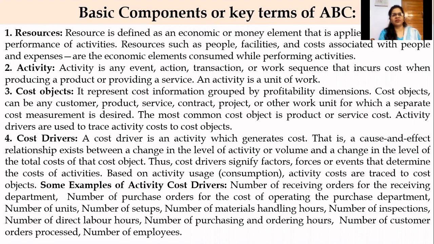Activity drivers are used to trace activity cost to cost object. So next is cost object. When we go for activity, we are performing some activity for what purpose? Because we want to produce a good or service. This product or service is called a cost object.